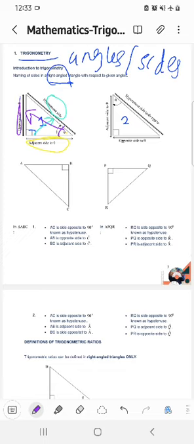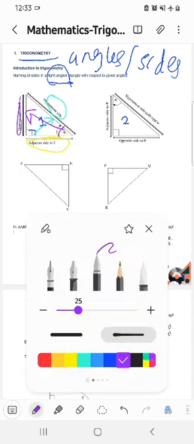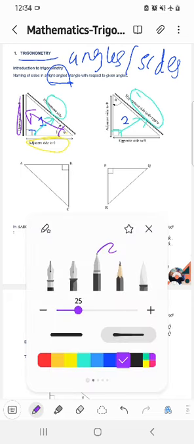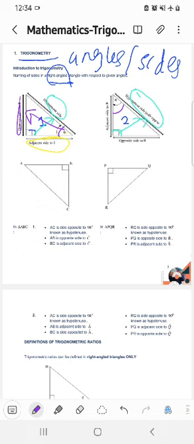Now, in the other triangle, let's observe that we have our 90 degrees here, and this 90 is opposite to this side again. So the side opposite to 90 is the hypotenuse. So that depends on the triangle. Now look at our angle, given as theta up there. Look at this side.